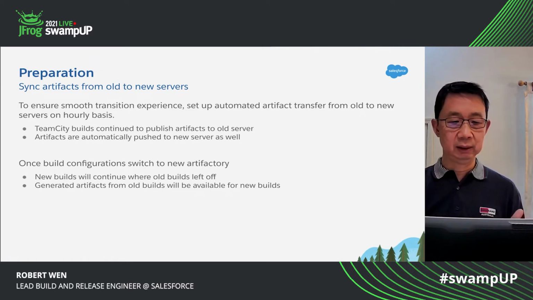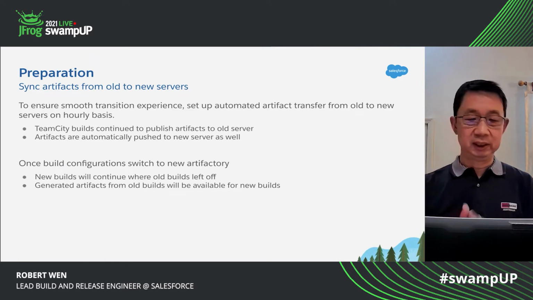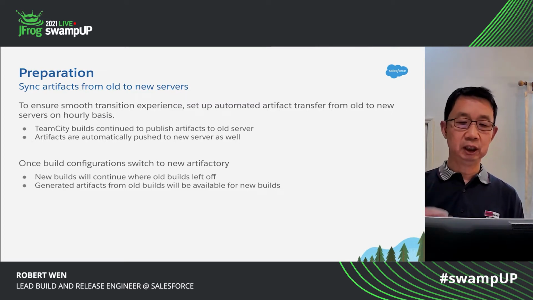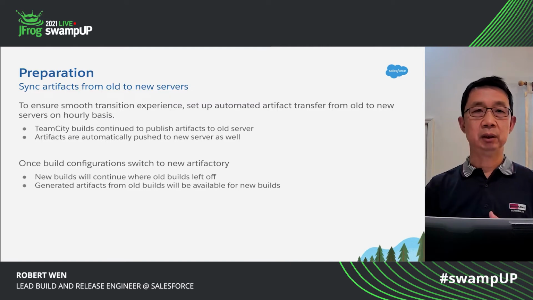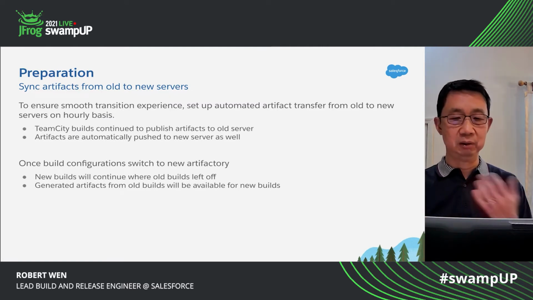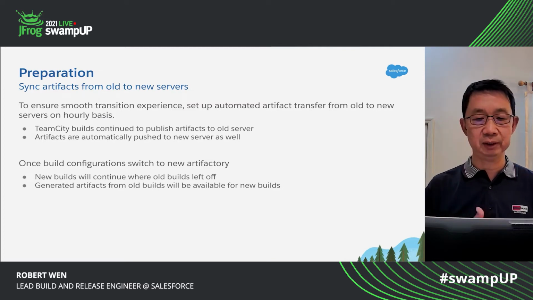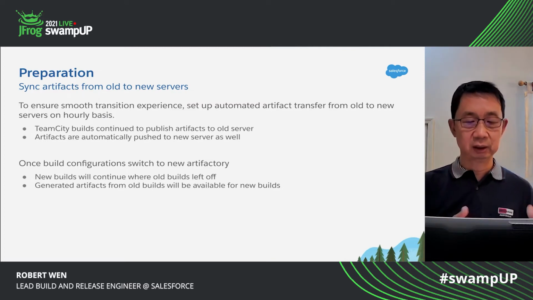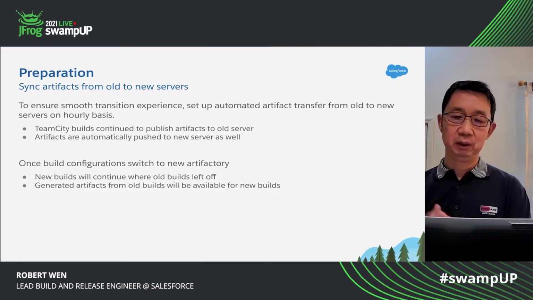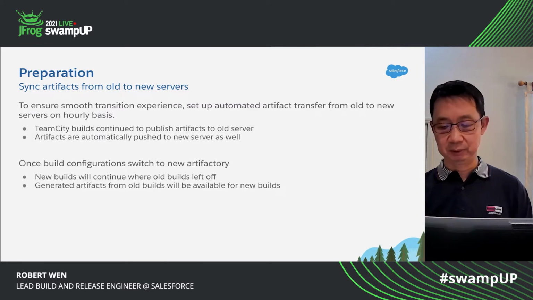As you might be aware, when you do a continuous build, the artifacts generated sometimes may be required by a new build, let's say tomorrow or next week. So it's very important to keep all the artifacts generated before migration available for the builds after migration.